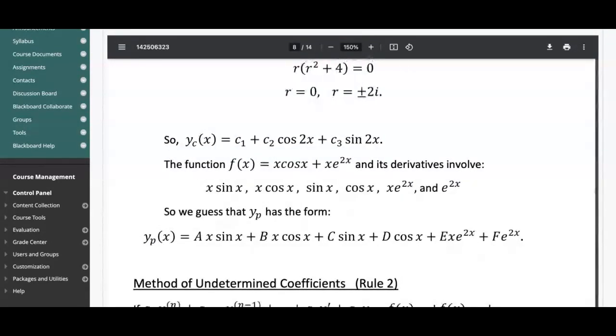So because it has all those terms, we just make a guess saying, okay, a particular solution has to include all those terms with some different coefficients. So ax sine x plus bx cosine x plus c sine x plus d cosine x plus ex e to the 2x plus f e to the 2x.